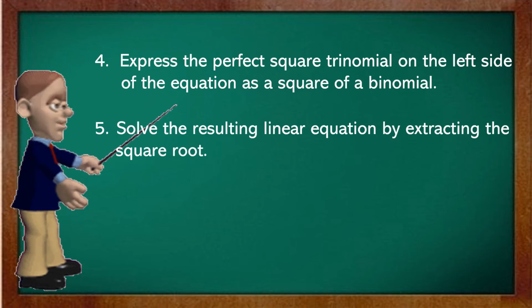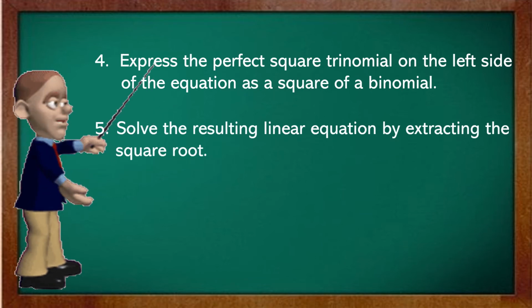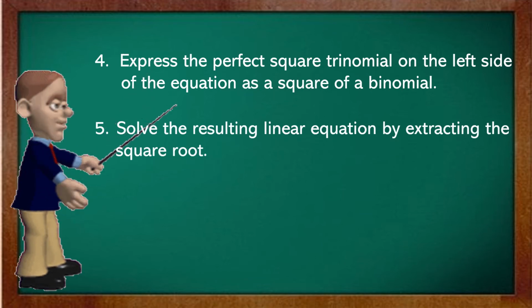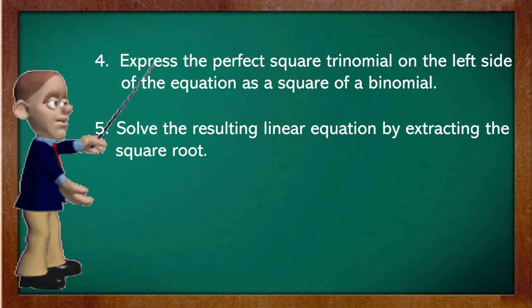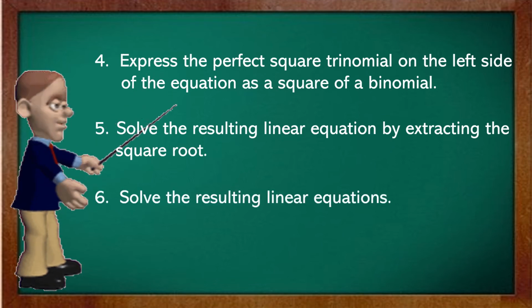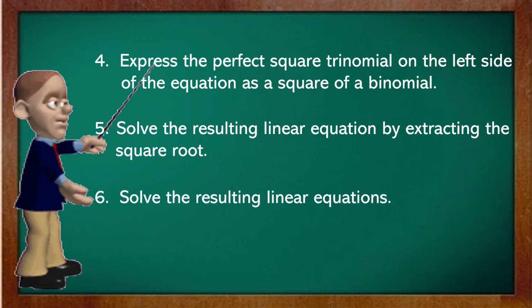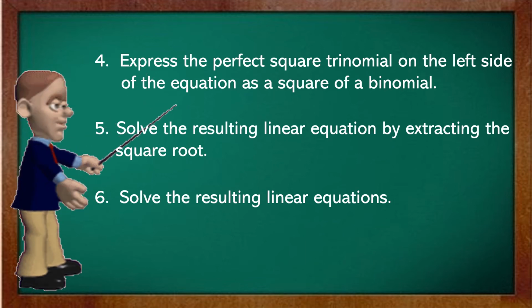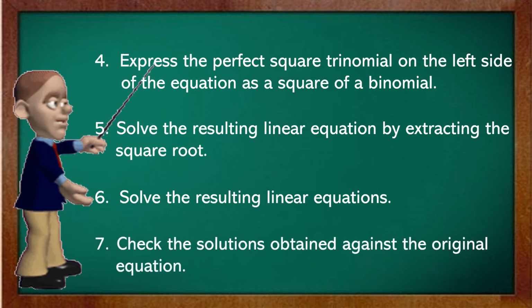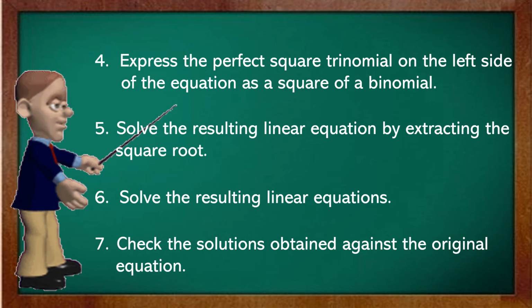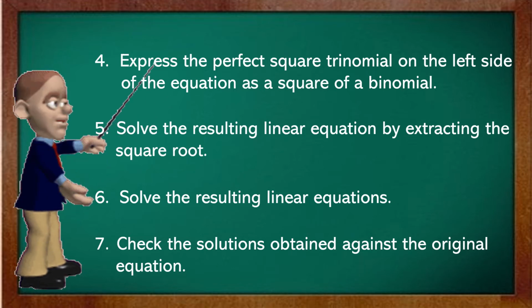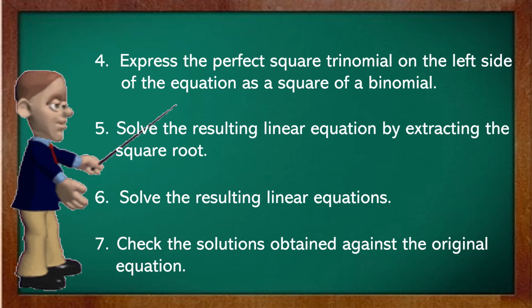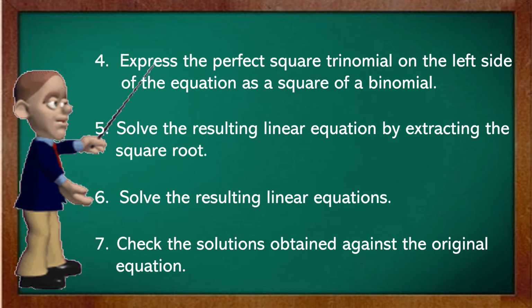The fifth, solve the resulting linear equation by extracting the square root. 6. Solve the resulting linear equations. And the last one, check the solutions obtained against the original equation.